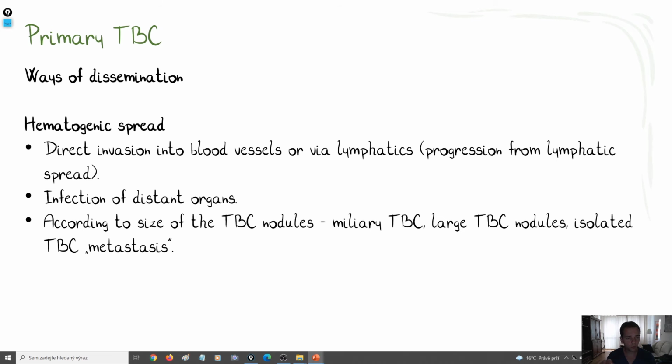The distant organs such as spleen, kidneys, brain, for example, are affected by TBC, by granulomatous inflammation. According to the size of the TBC nodules, we subclassify this disseminated TBC as miliary TBC, large TBC nodules, and isolated TBC, so-called metastasis. It has nothing to do with cancer, but we call it so-called TBC metastasis.